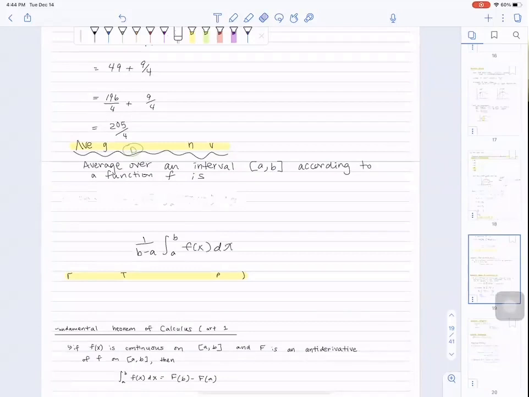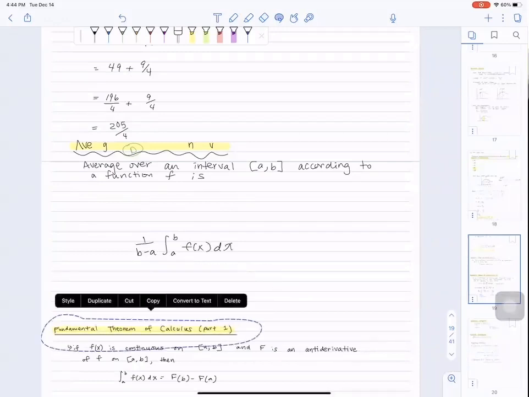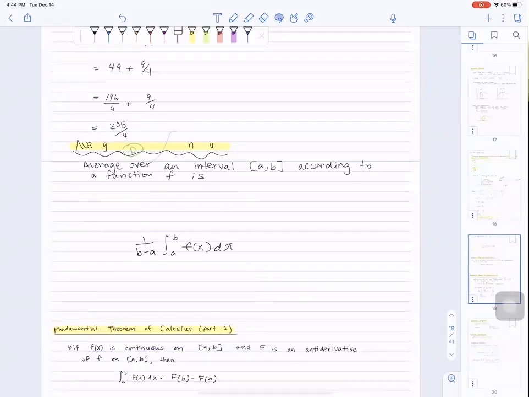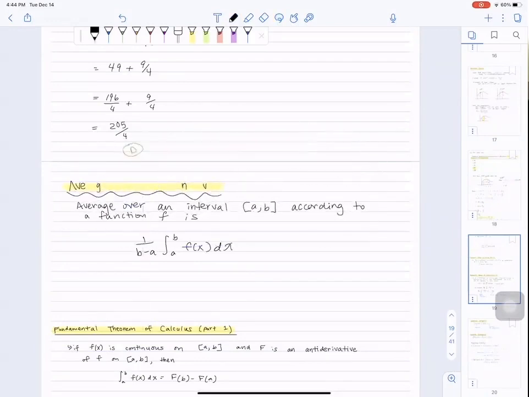So if you have some function f and it asks you to find the average over the interval a to b, then you follow this formula.